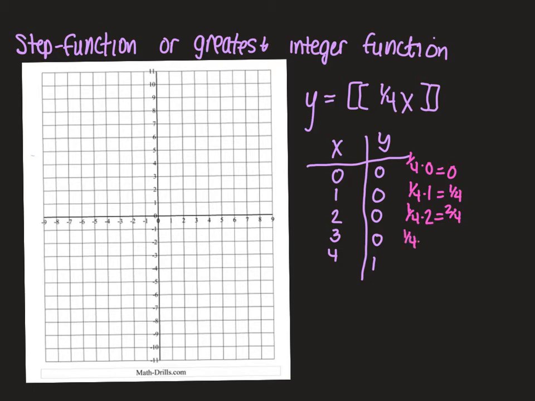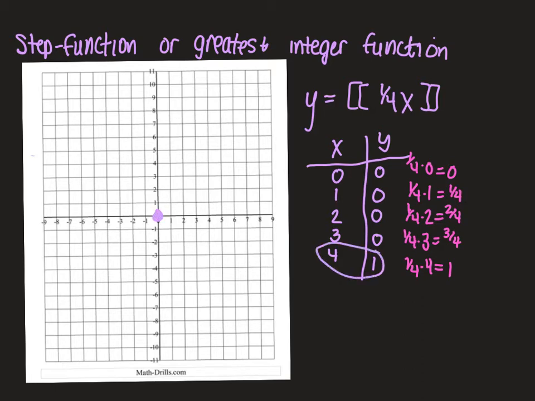1/4 times 3 is 3/4, still rounds down. 1/4 times 4, finally I have a new number. Finally it equals 1, it's a new integer. So I'm going to come over to my graph and I'm going to put a solid dot at 0.